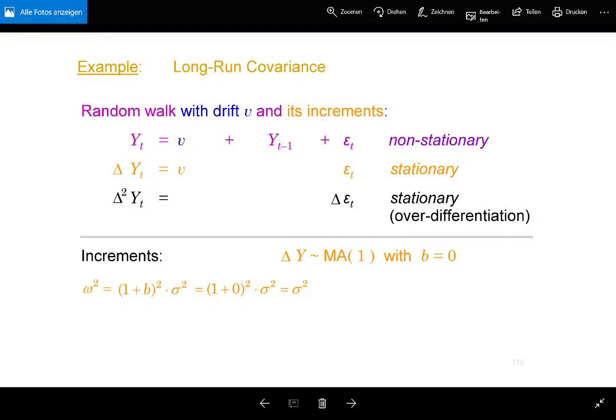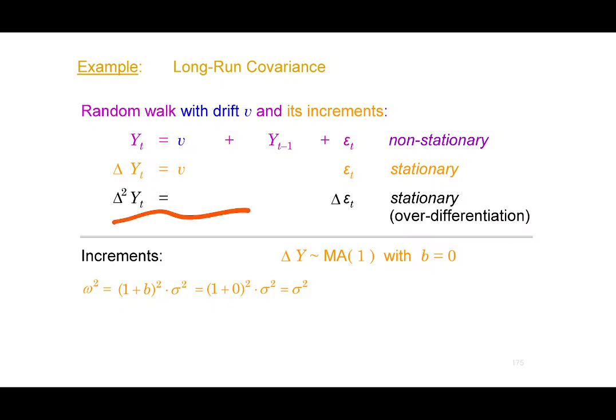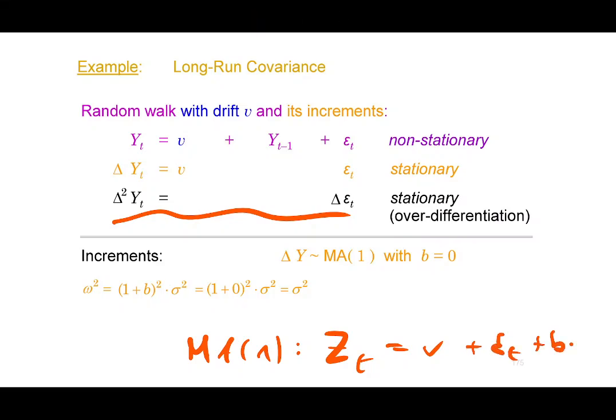So if you look carefully, guys, this resembles a moving average process. Let's call the moving average process Z. Then you have a constant plus the noise plus b times the past of the noise at time point t minus 1. Now, if b is equal to negative 1, then that structure is going to be the increments of the increments.